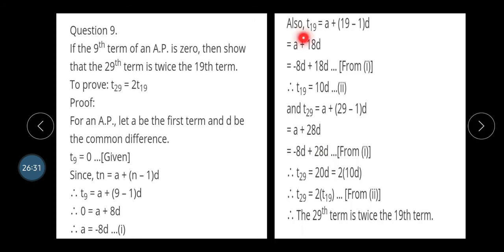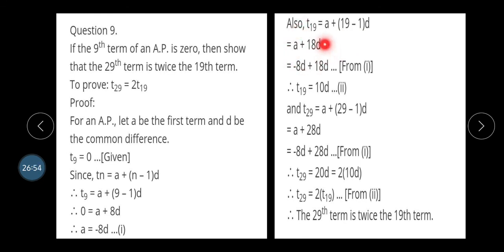Now also, T19 is equal to A plus 19 minus 1 times D. Because they have asked us to prove this. So A plus 18D.